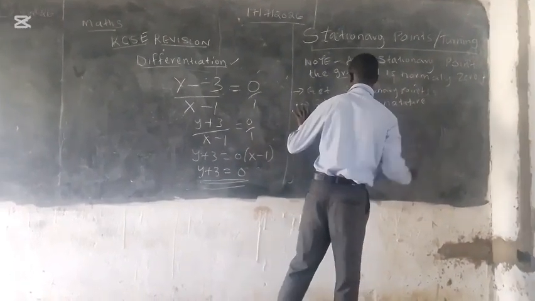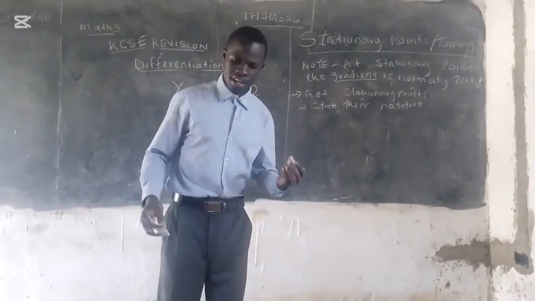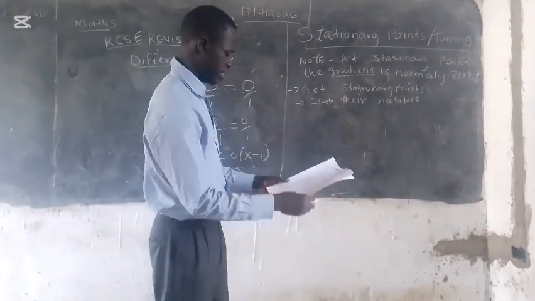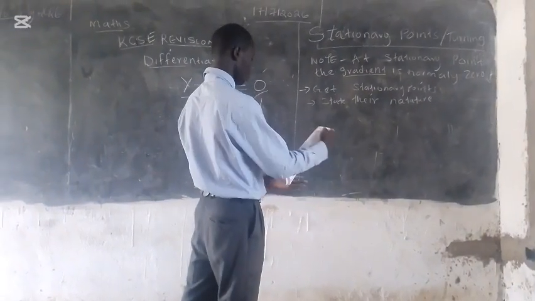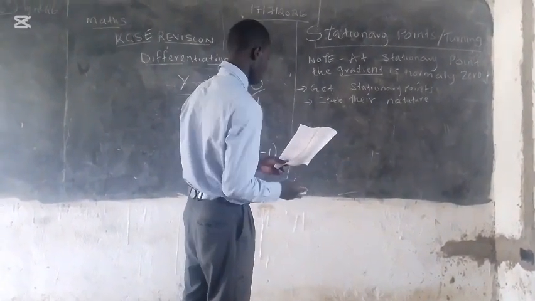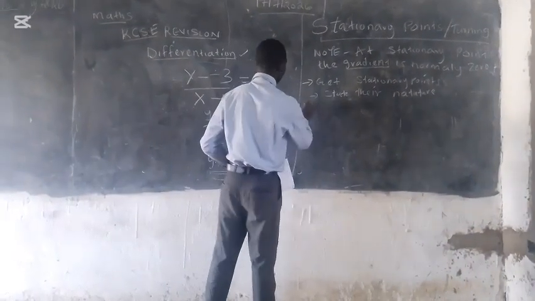Those are the only questions that we normally get, and they amount up to 10 marks. Students, let us understand those things very well. Now, to emphasize that, let us do a question that will help us understand this very well.